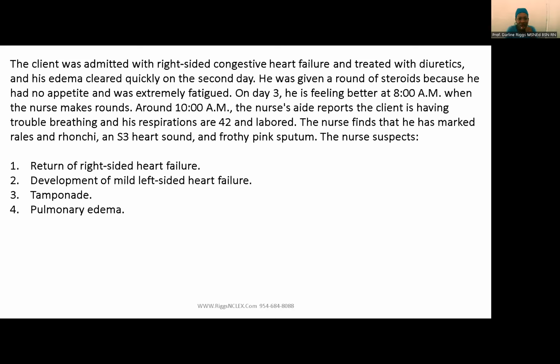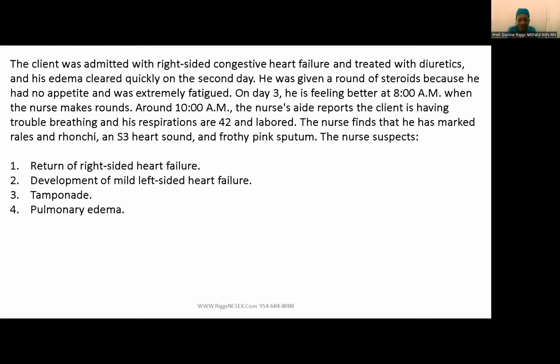The client was admitted with right-sided congestive heart failure and treated with diuretics. Great. And his edema cleared quickly on the second day. He was given a round of steroids because he has no appetite and was extremely fatigued. Okay. On day 3, he is feeling better at 8 a.m. when the nurse makes rounds.